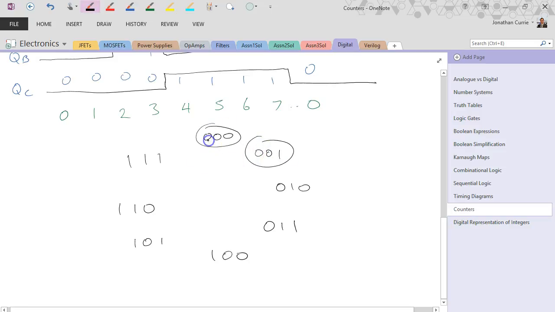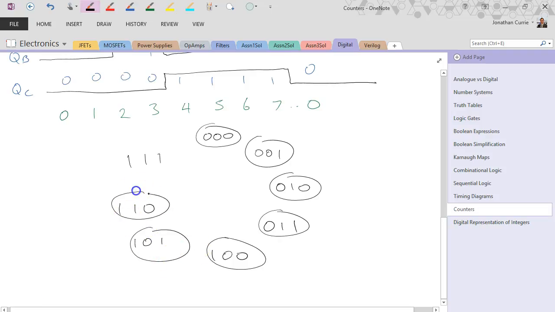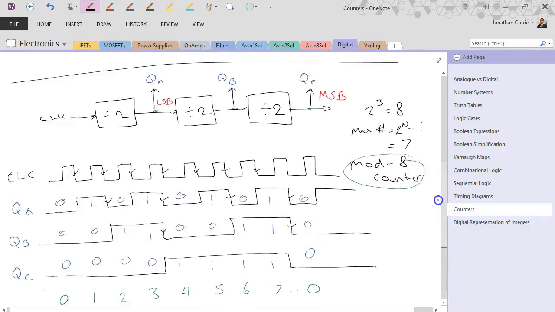That was a bit poor. 4, 5, 6, 7. And arrows between them showing how the count sequence progresses.